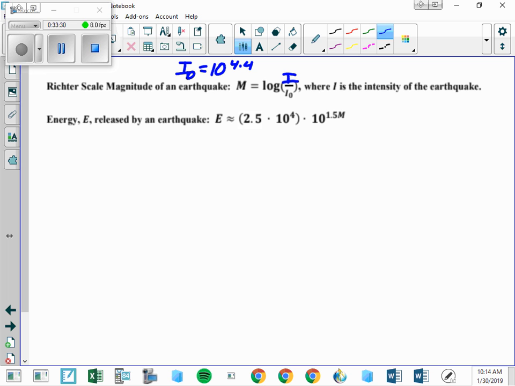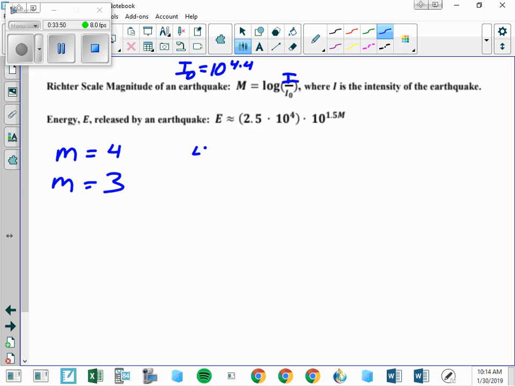So fill in the following statement. The intensity of earthquake A is blank times more than the intensity of earthquake B. So I have a magnitude 4 and a magnitude 3. I need to figure out what the intensity is.